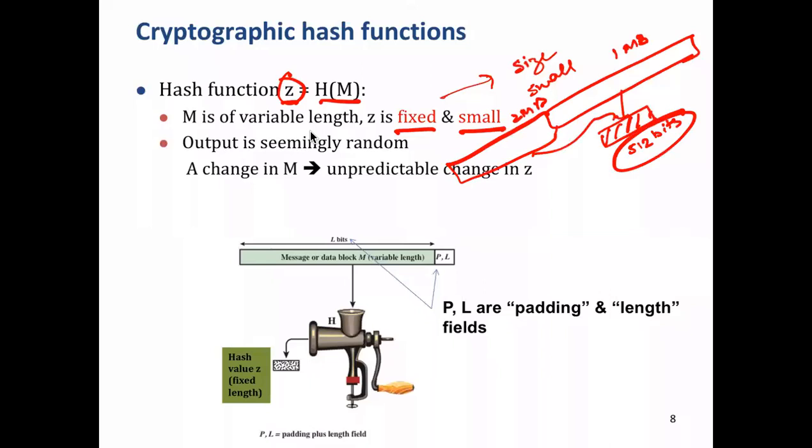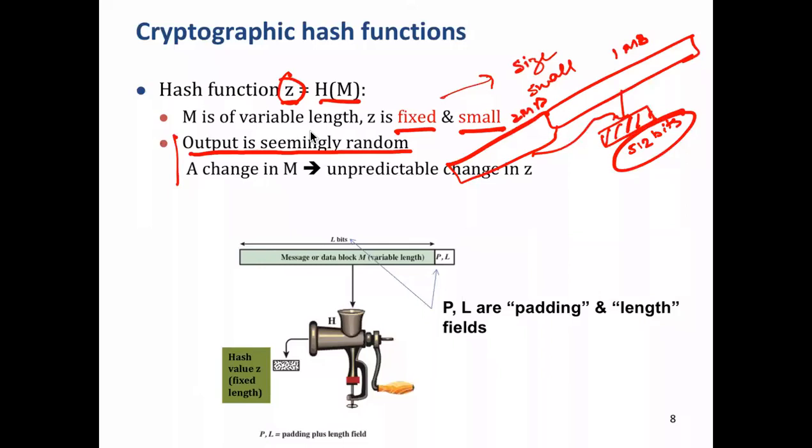Small means that whatever the length of the original message, the digest has to be small in comparison. However, a very important property of this hash function is that the output is seemingly random. It means that even if you change one bit of the original message, the digest will differ significantly from the previous one.